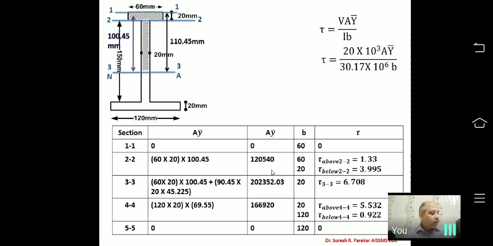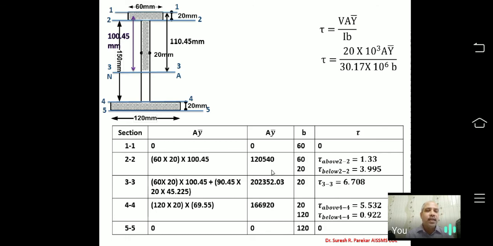Now at 5 5 we have 0, because below 5 5 we do not have any value. Now we have 4 4. So which area we have to consider? Below 4 4, we have this area, and then we have this area as 120 into 20 into distance of centroid of this area from neutral axis.